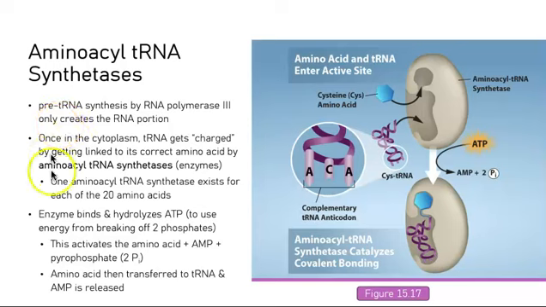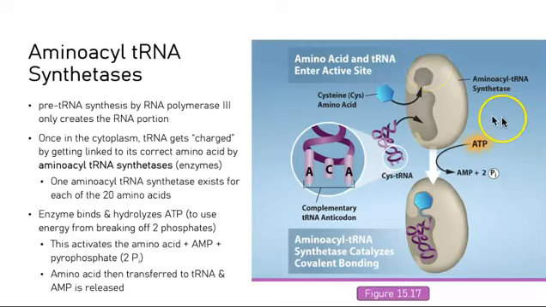So if you remember in the previous section when we talked about pre-tRNA synthesis by RNA polymerase III, we were only creating the RNA portion. And so we need this tRNA to get charged, and it does this by getting linked to the correct amino acid utilizing this enzyme, amino-acyl tRNA synthetase.